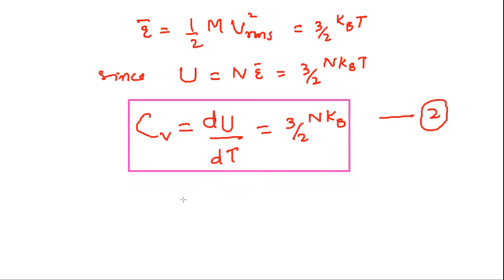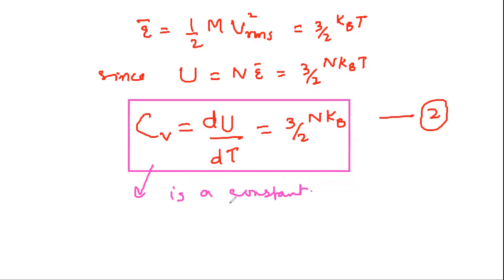This is the required expression for heat capacity at constant volume. As you can see, it is independent of temperature. So let me write it, it is a constant.